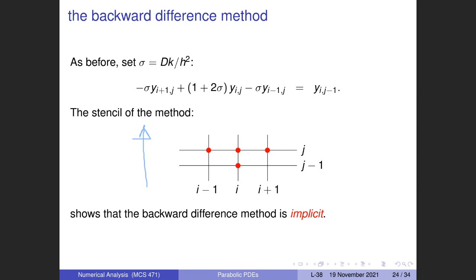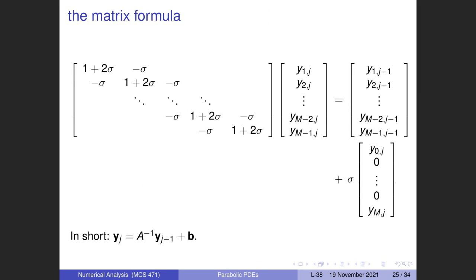So this seems like a very awkward thing to do, but we can solve systems of linear equations. We still remember this from a very long time ago, from the beginning of the course. So if we can solve linear systems, then actually we can do this time stepping.